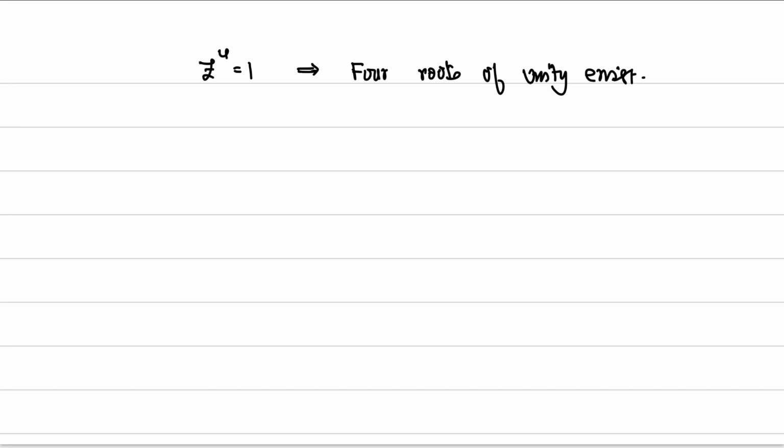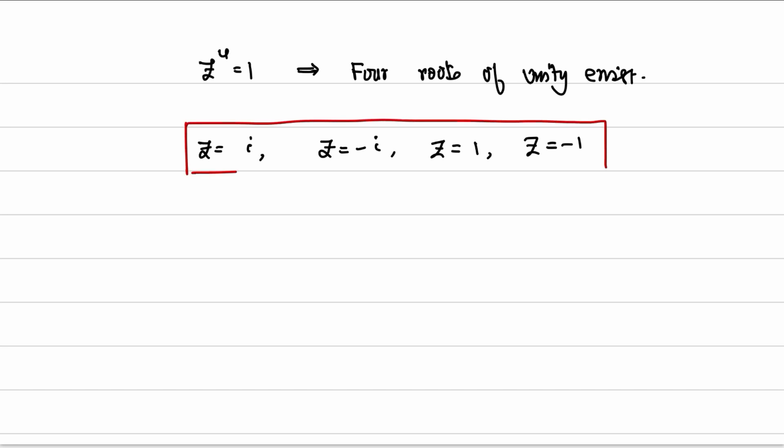What are those 4 roots? z can be i, z can be minus i, z can be 1, z can be minus 1. Do you agree? These are the 4 roots of unity in the complex plane. This example is very useful for basic understanding of the concepts, and this question is also very useful for JEE Mathematics and also for Maths Olympiad.